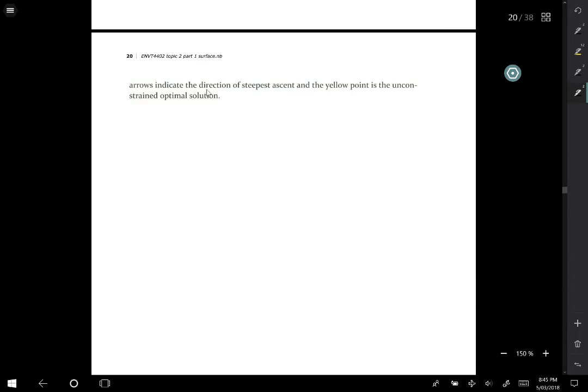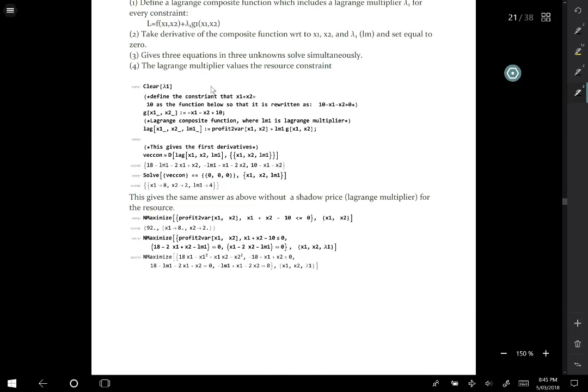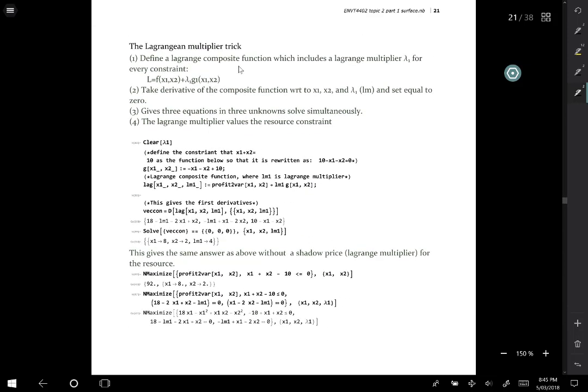Now let's just have a look at how we solve these problems analytically, and how we get out a value for the Lagrange multiplier, which also gives you the value of relaxing the constraint. So this is the Lagrange multiplier trick.